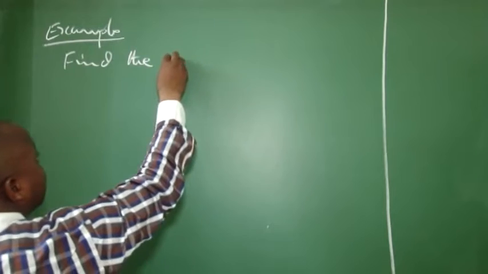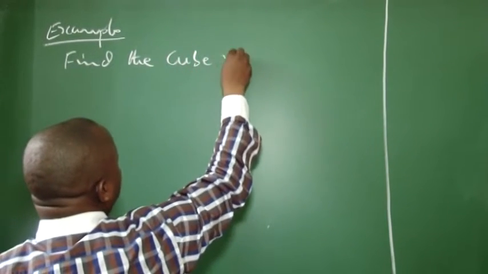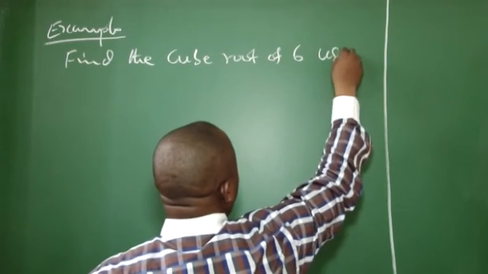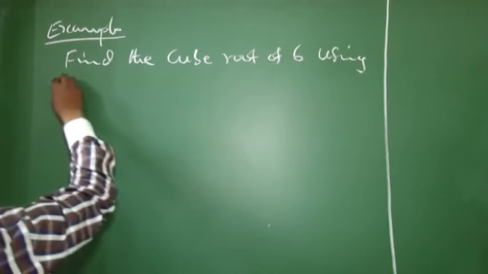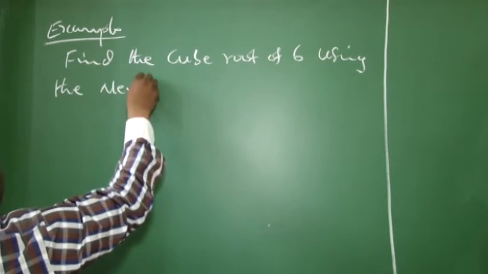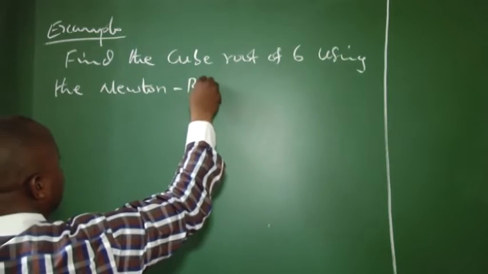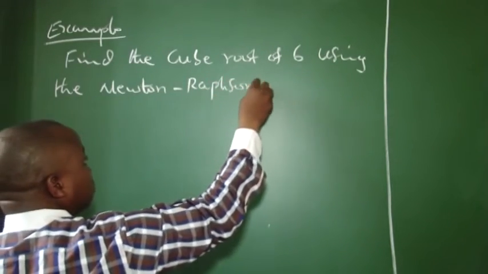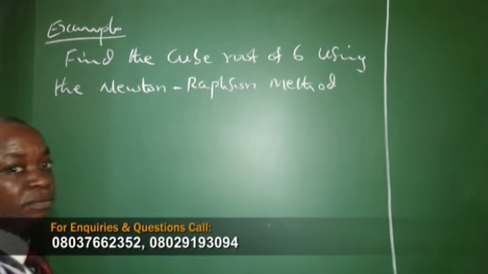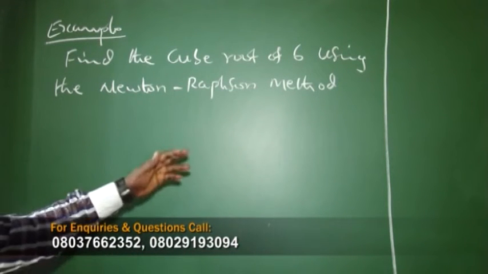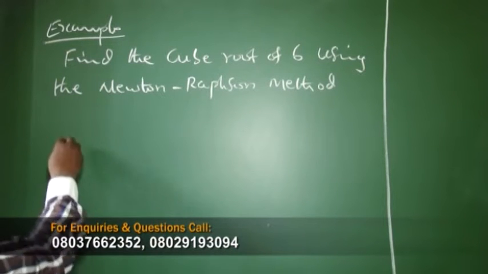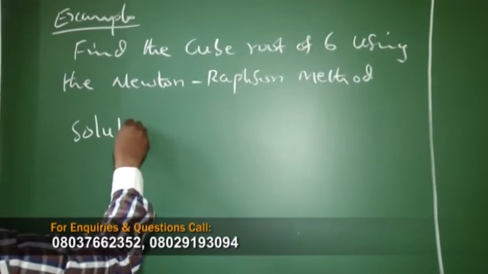Find the cube root of 6 using the Newton-Raphson method. So we are going to find the cube root of 6 using the Newton-Raphson method. And let's look at the solution.